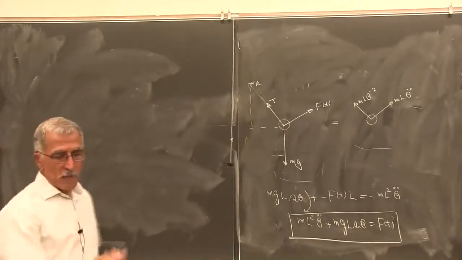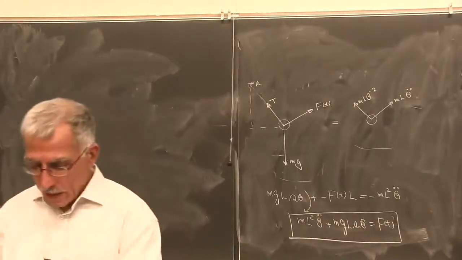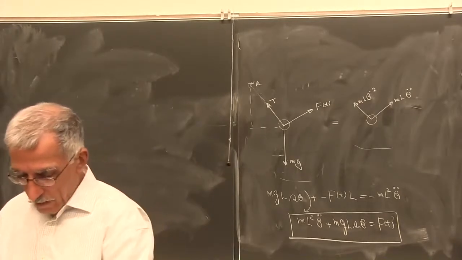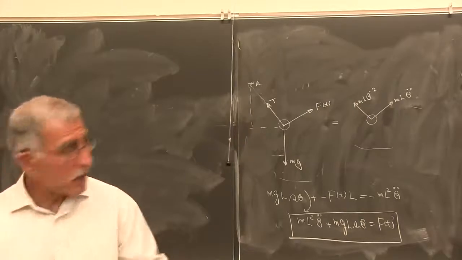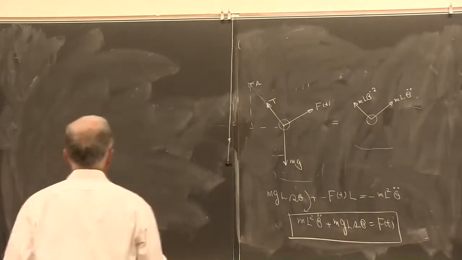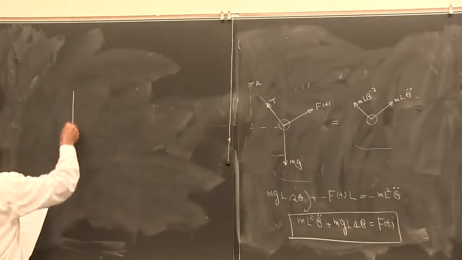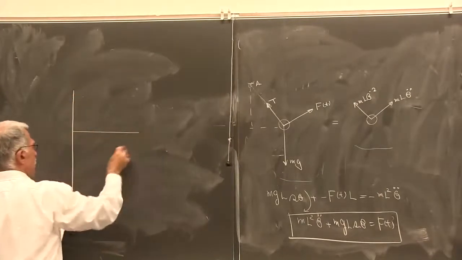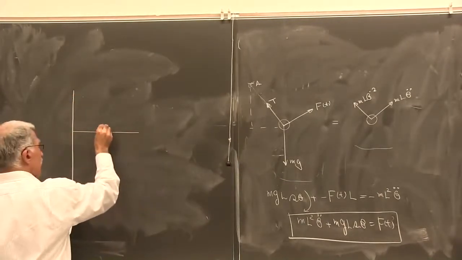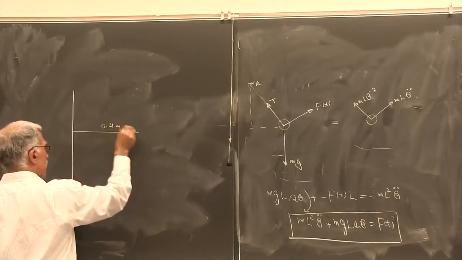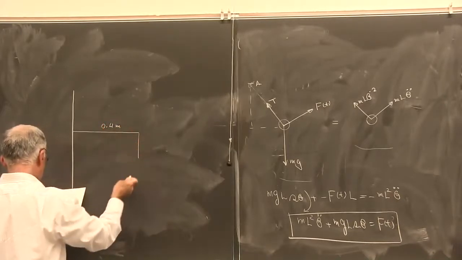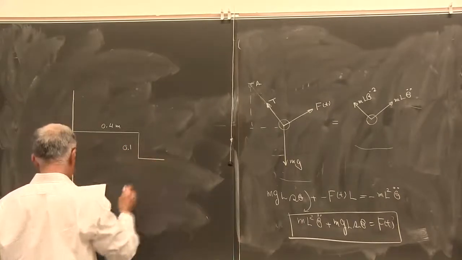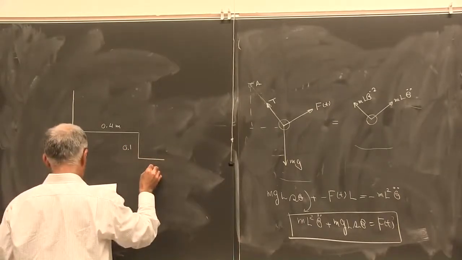We also solved a problem in the class before. You have a bar here, and we have another bar coming here, and the length of this one is 0.4 meter, and then it comes down 0.1 meter, and then it goes down here another 0.1 meter.